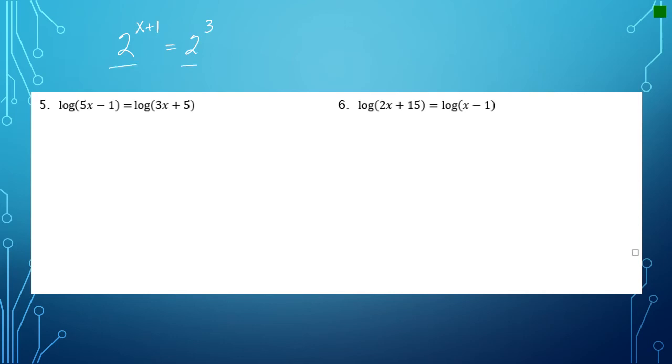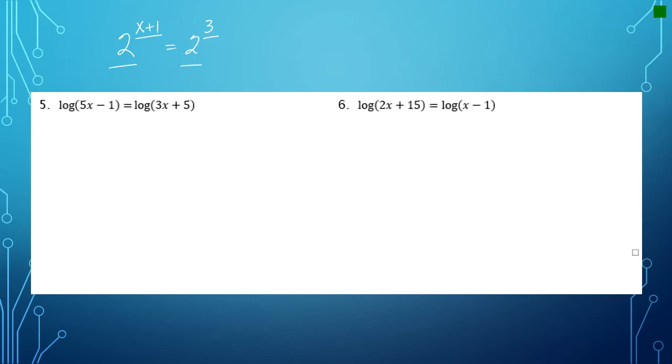Once we got the same base on each side, we could set their exponents equal to each other. Same thing is going to apply here, but now they have to be the same log with the same base on each side. Once you have that, then you can set whatever they're the log of, so the things in parentheses, equal to each other and solve.